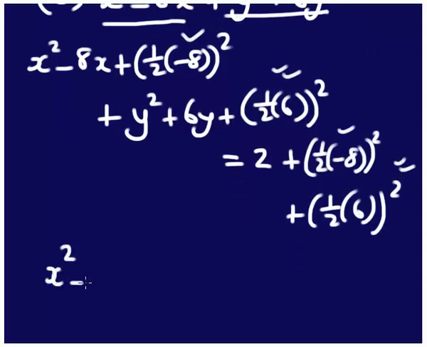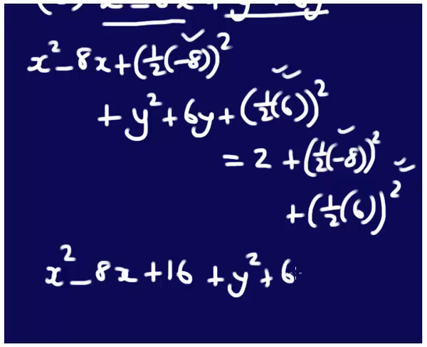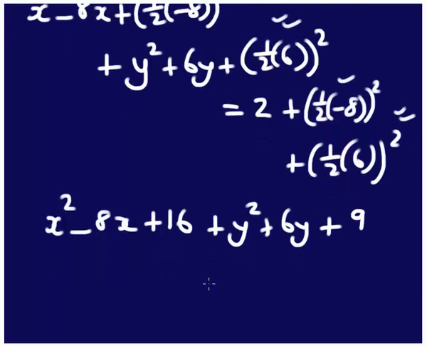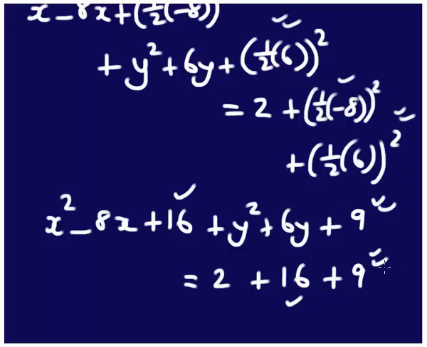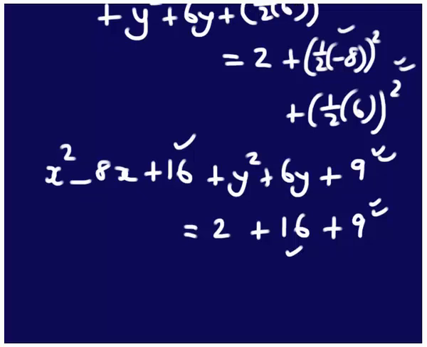That's x squared minus 8x, so half of negative 8 is negative 4, squared is 16, plus y squared plus 6y plus, half of 6 is 3, 3 squared is 9. Okay, great. And then on the right, we've got 2 plus the 16 plus the 9. So you've added 16 on the left and on the right, and 9 on the left and 9 on the right. And then all you've got to do is factorize.